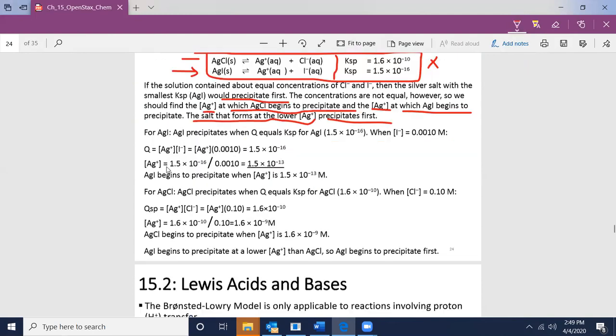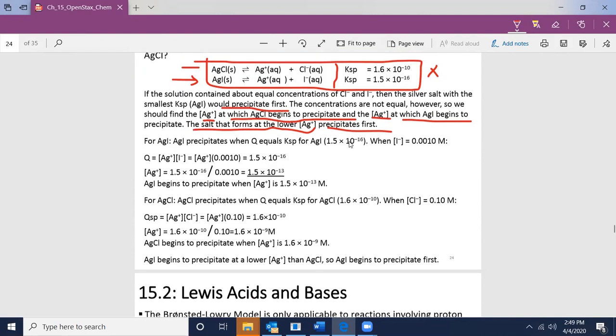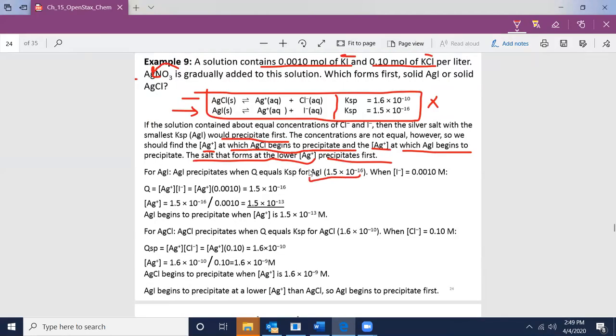Go through it. For silver iodide, it precipitates when Q equals Ksp for silver iodide. So what are we looking for? This is for the silver iodide given to us here. We have the Ksp in hand, and the concentration of I is this. We're getting this from here.